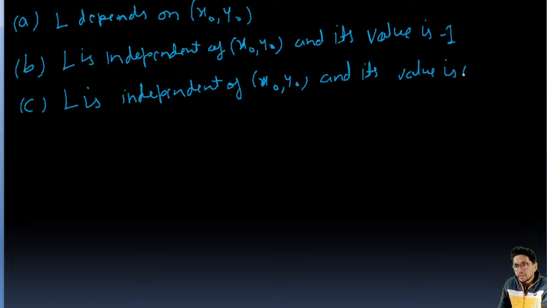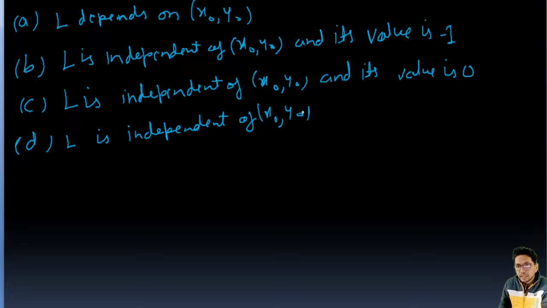Option D: L is independent of x0, y0, and its value is 2. Okay, these are the options.